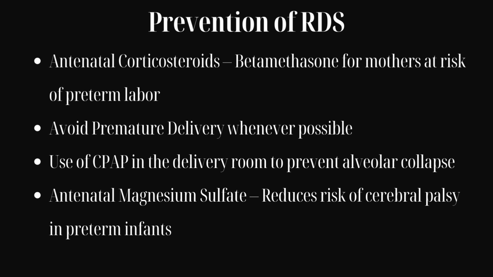Avoid premature deliveries when possible. Use of CPAP in the delivery room to prevent alveolar collapse immediately after birth. Antenatal magnesium sulfate reduces the risk of cerebral palsy in very preterm infants.